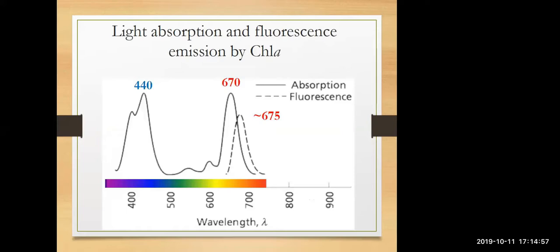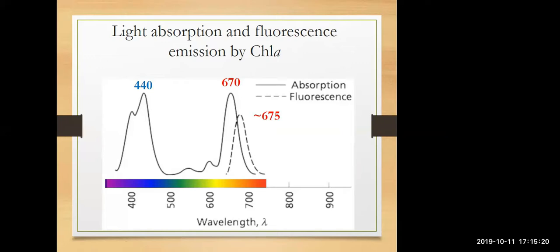An important characteristic of chlorophyll-a in particular is that it has two wavelengths of maximum absorption that I am indicating here, in the blue and in the red parts of the electromagnetic spectrum. One is around 440 nanometers and the other around 670 nanometers.